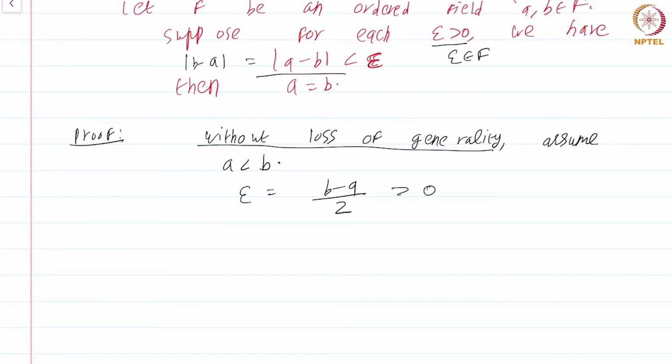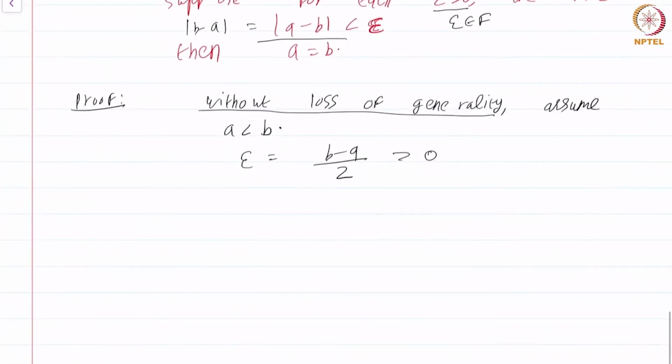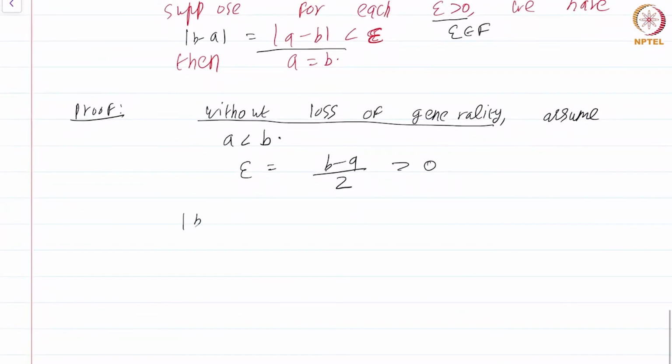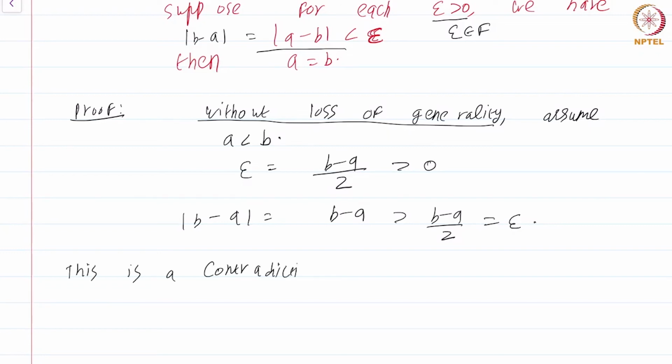Now mod b minus a is equal to b minus a because b is greater than a, which is greater than b minus a by 2, which is equal to epsilon, which is a contradiction. So, since this case leads to a contradiction, so will the other case, and we are done.